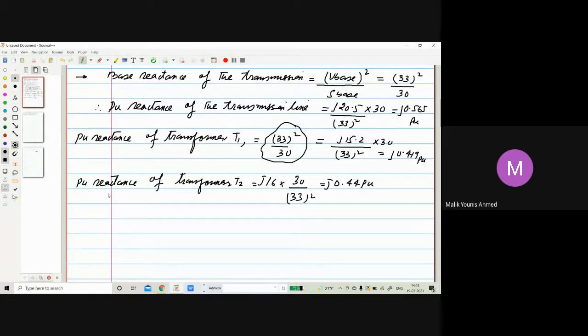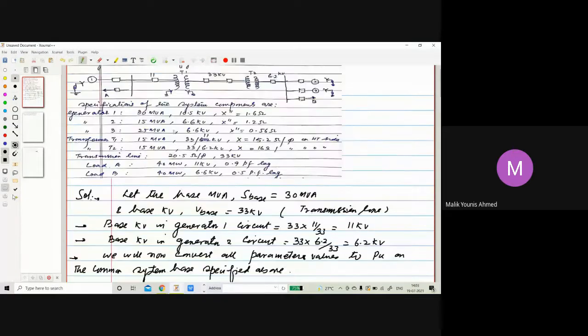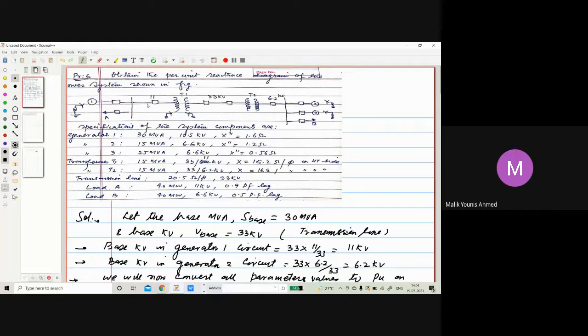Next is the per unit reactance for generator G1. Again, what is the actual value? For generator G1, the actual value is 1.6 and the base value in the generator is 11.